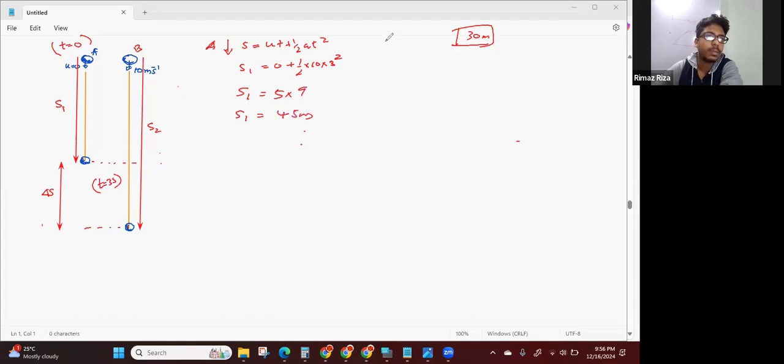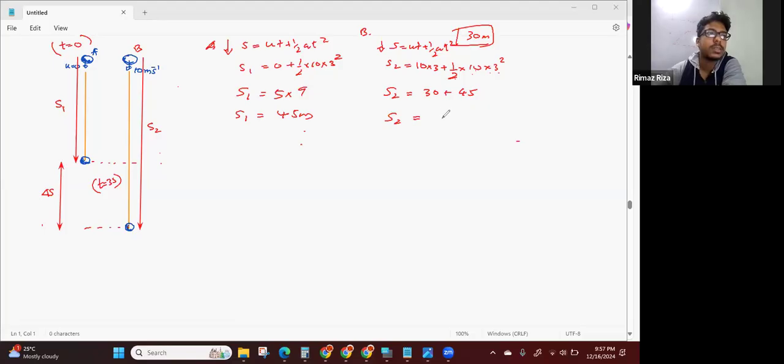S1 equals 45 meters. And likewise, I can apply for the B ball. S equals ut plus half at squared. So downward S2 equals, u is 10, 10 into 3 plus half into 10 into 3 squared. So S2 equals 30 plus 5 into 9, which is 45.